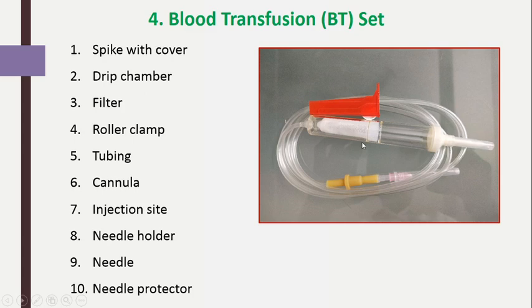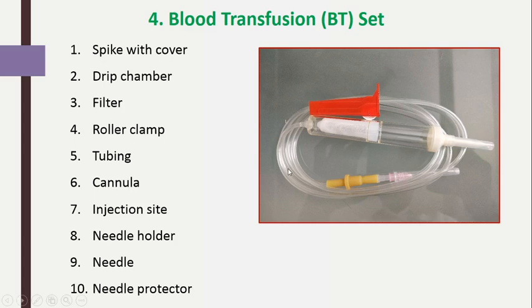It is made using nylon material. Another part is the roller cam. You can see in this picture, this red one is a roller cam. Inside this there is a circular disc which helps to control the flow of blood at the time of the introduction.